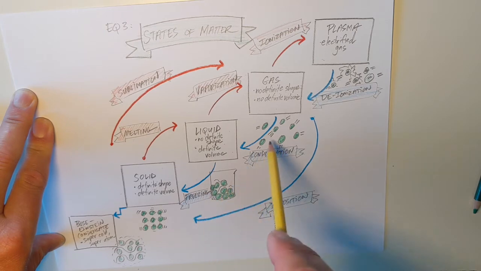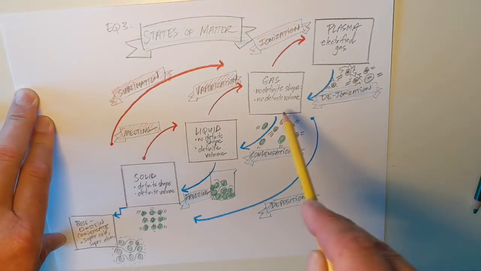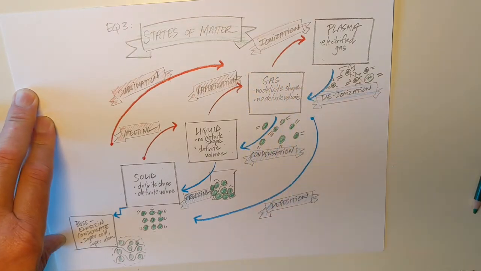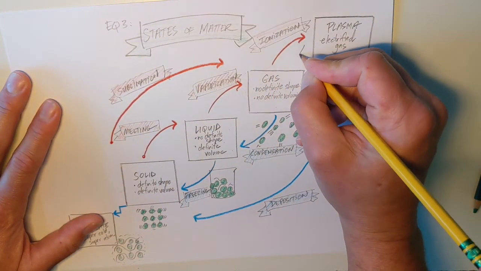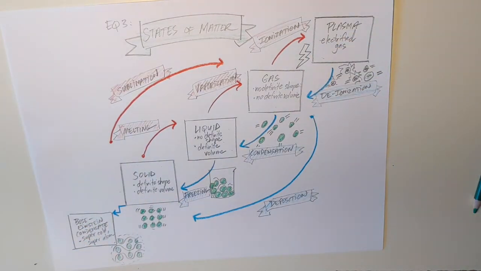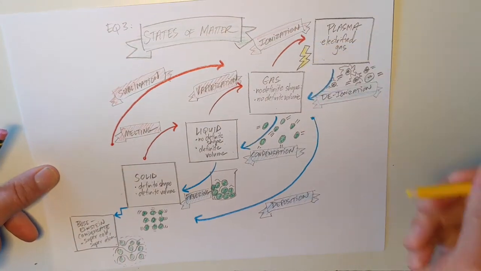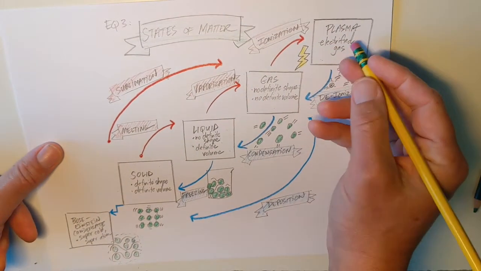The different particles behave different ways, don't they, as they go through these states of matter. Now we go to gas and we electrify it. So, why don't I add a little lightning bolt in there just to remind us we electrify this gas in this process, and that makes a plasma.